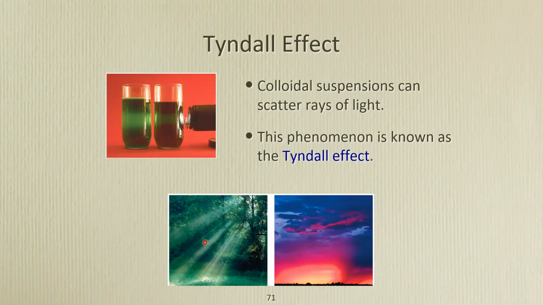In this case, though, because we've got the particles just suspended, the light is going to be scattered. And this is known as the Tyndall Effect. This is partly the reason why the sky looks blue, because some wavelengths are going to be scattered more than others.